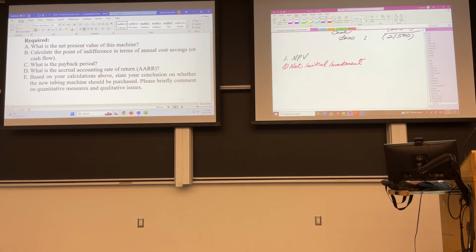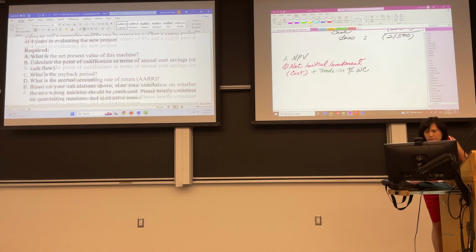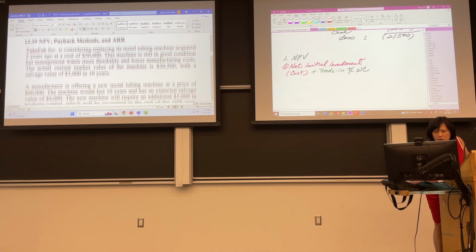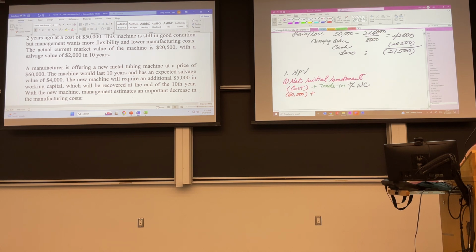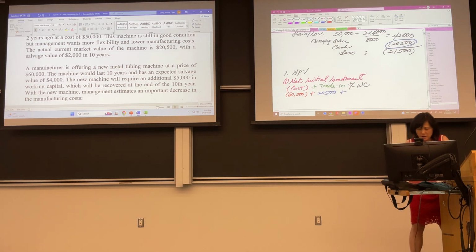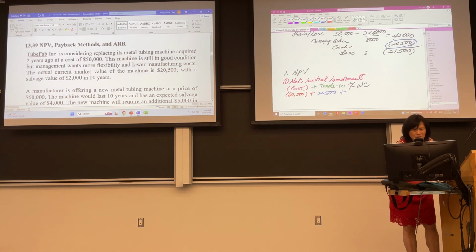Okay, net initial investment is the cost plus trade-in plus minus working capital. Okay, cost is 60,000. If you trade it in now, you're going to get positive, which is 20,500. Okay? Working capital, what did I tell you about working capital?